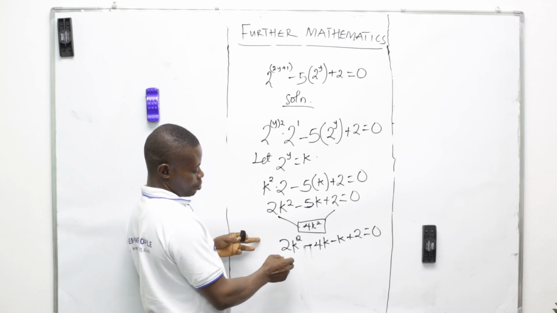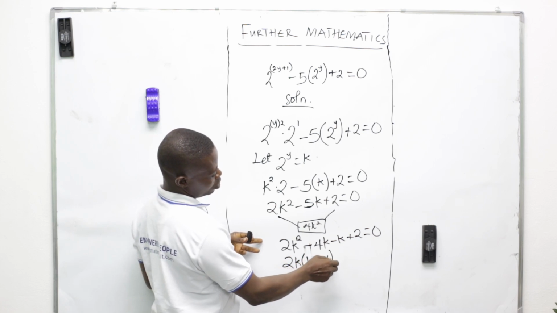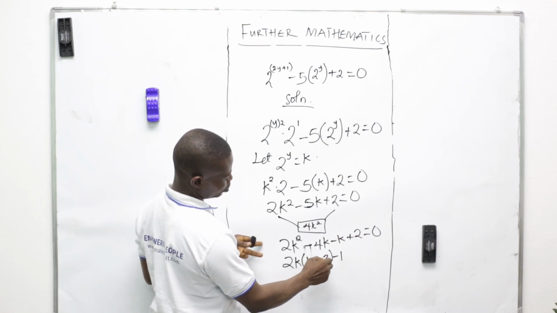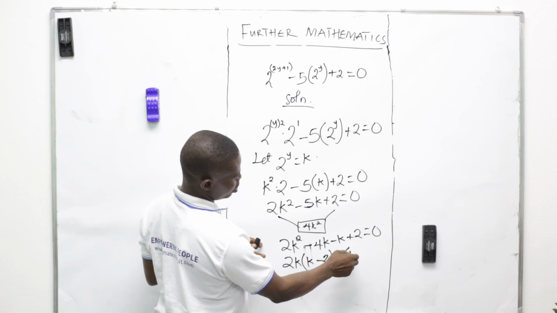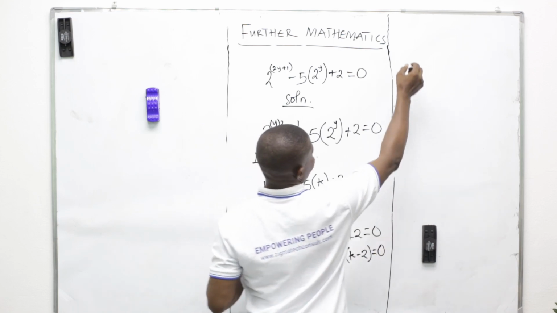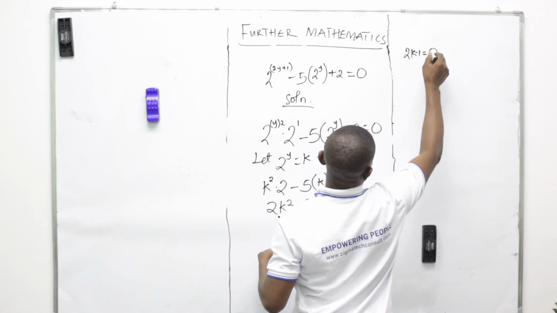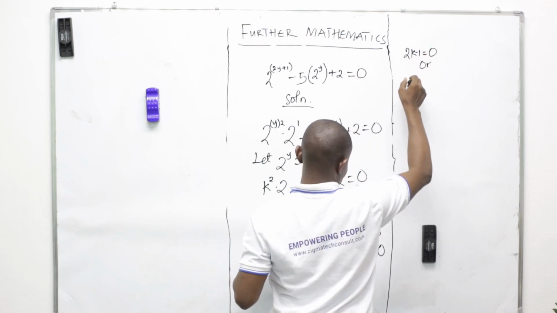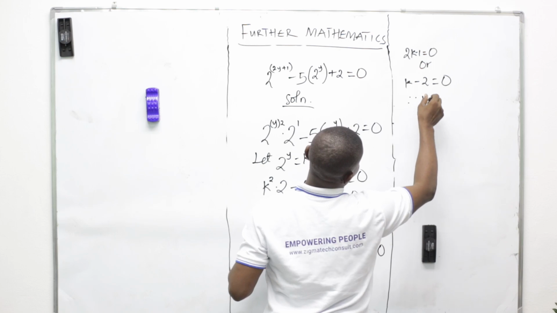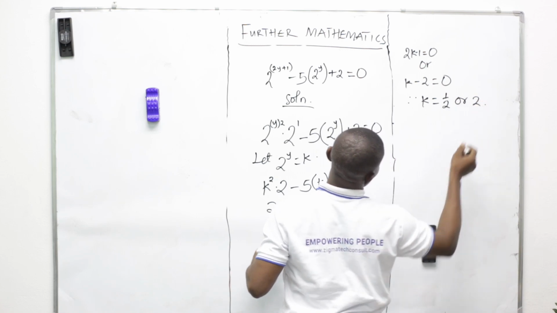When we factorize properly, 2k into k minus 2, minus 1 into k minus 2 equals 0. So that 2k minus 1 equals 0, or k minus 2 equals 0. Therefore, k equals half or 2.